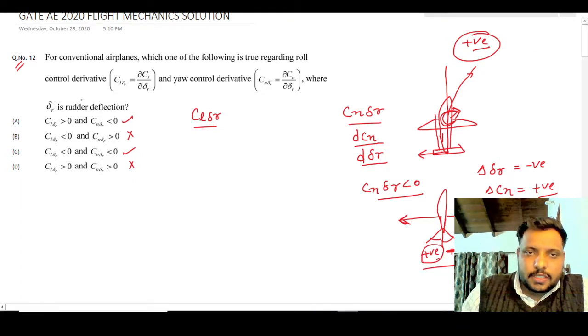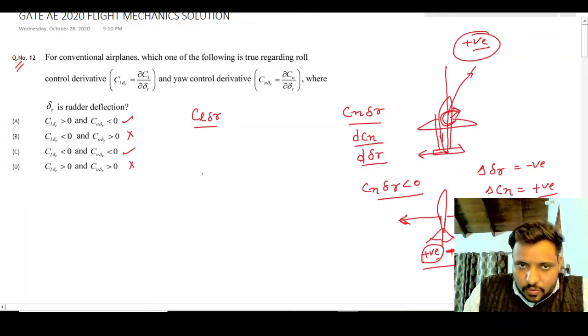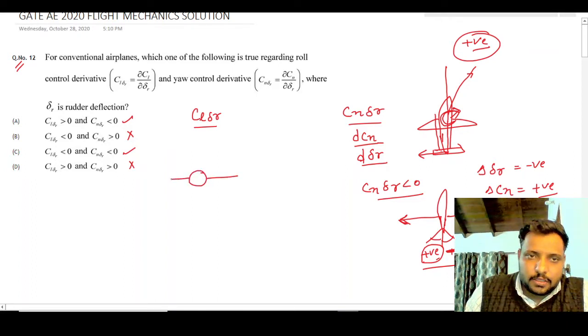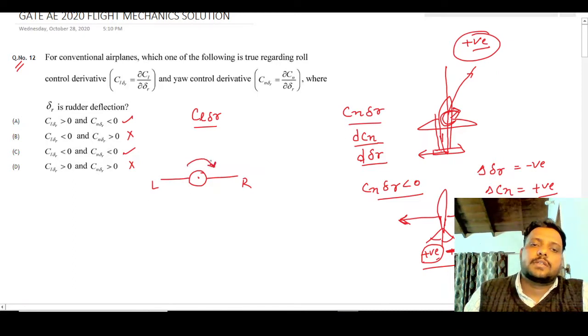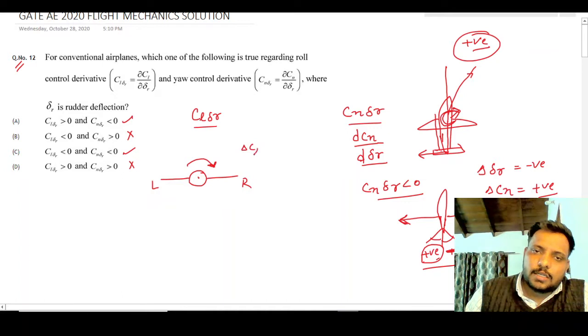Now let us discuss CL delta R, which is the change in rolling moment coefficient with respect to rudder deflection. So if let's say this is an airplane, this is the right wing, this is the left wing. So the sign convention for rolling moment is positive in clockwise direction. Okay, so when it is positive in clockwise direction, that means delta CL is positive.